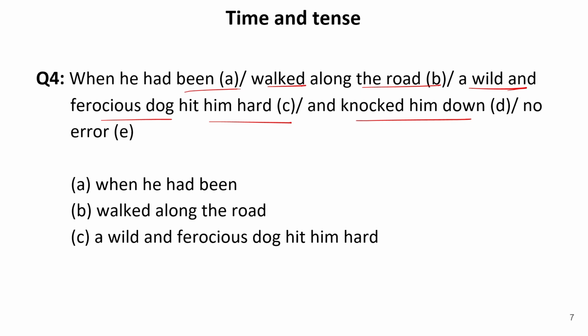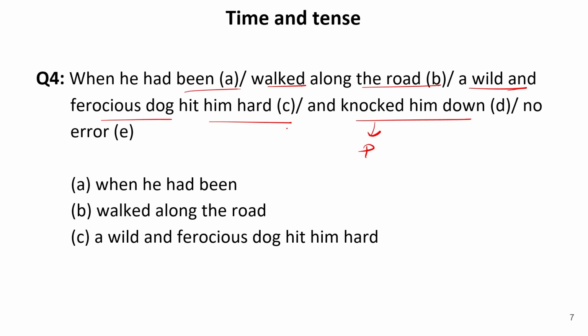That is, at the time when he was walking along the road. So, in this sentence, if it is written, a wild and ferocious dog hit him hard, it means the action has already happened. And knocked him down also represents that the sentence is of past tense. Therefore, it was the continuous action at the time when the dog made him the target.